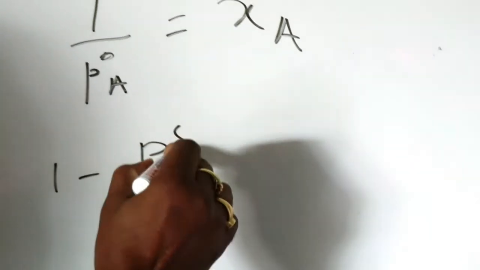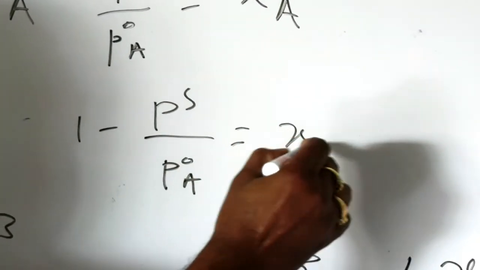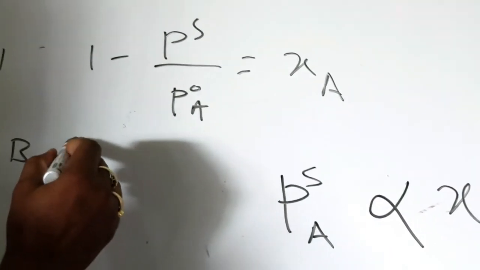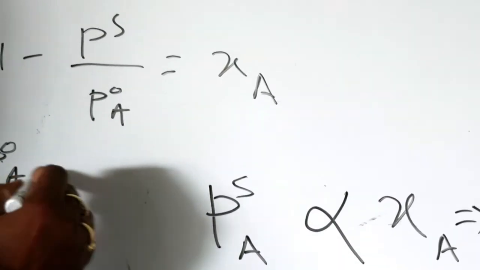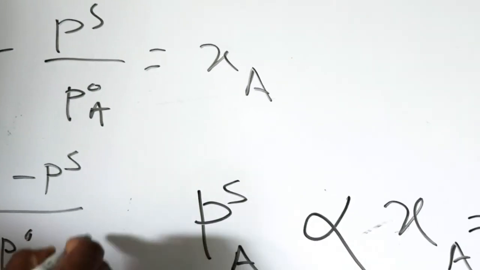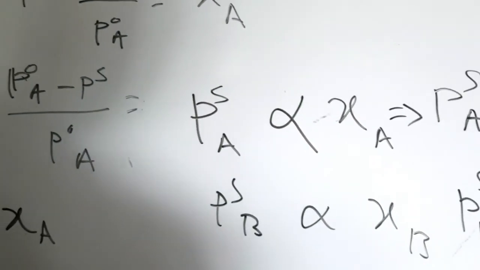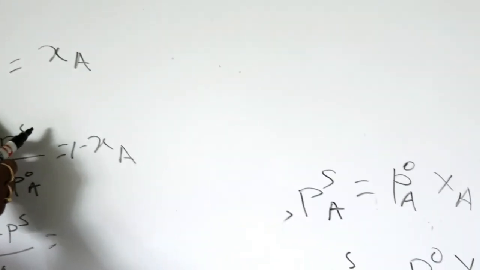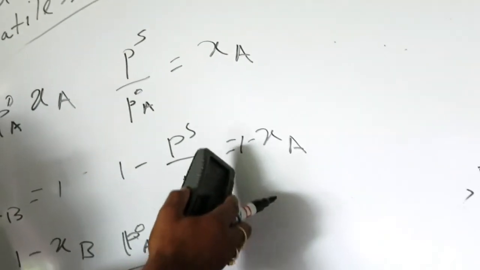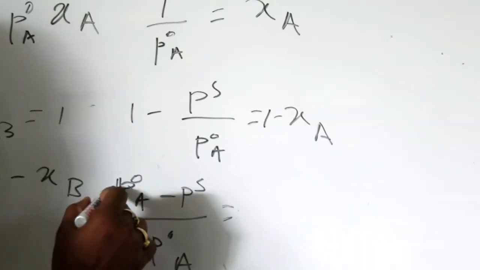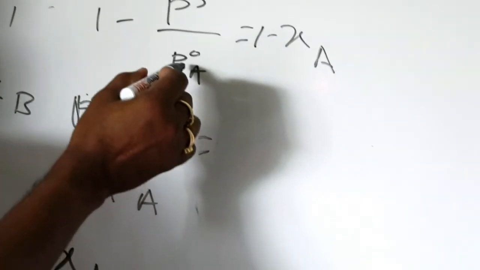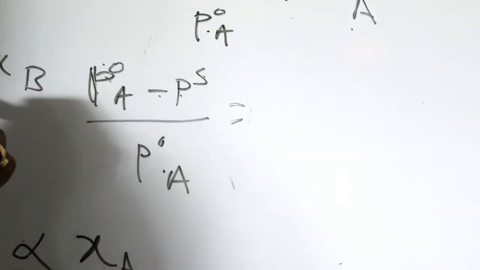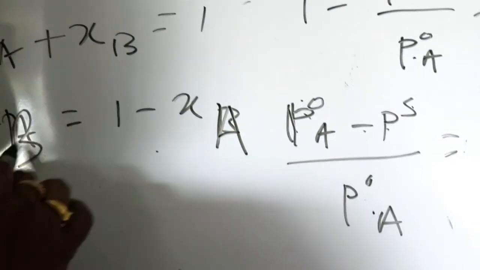Let's say 1 minus Ps by P0A is equal to 1 minus Xa. So we can write (P0A minus Ps) by P0A is equal to 1 minus Xa. 1 minus Xa is equal to Xb here. In a similar manner, Xb is equal to 1 minus Xa.